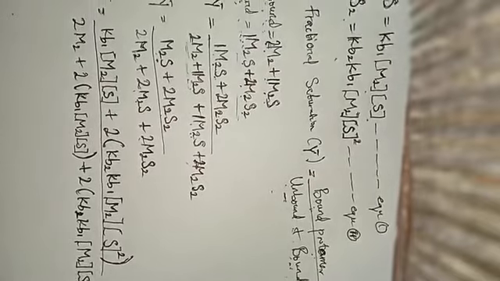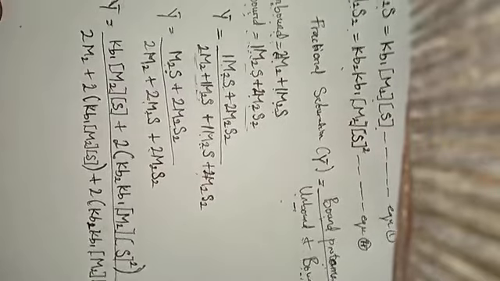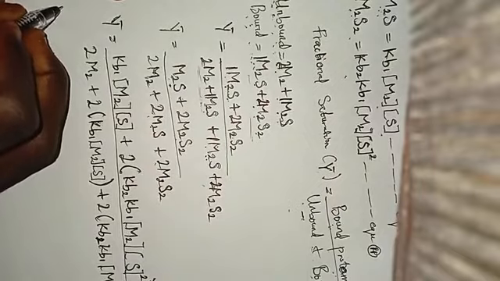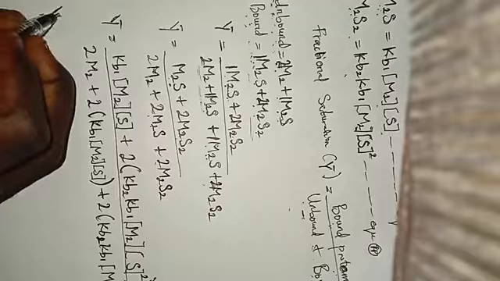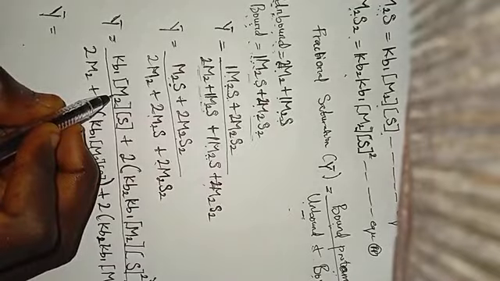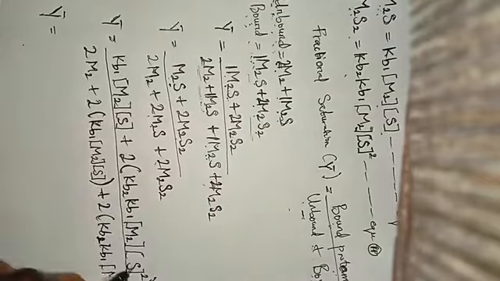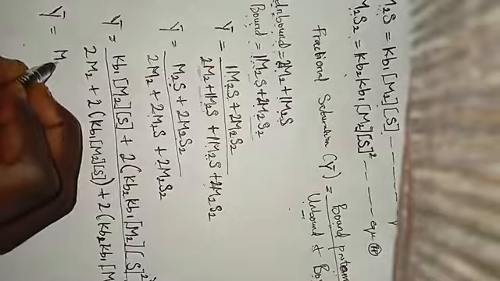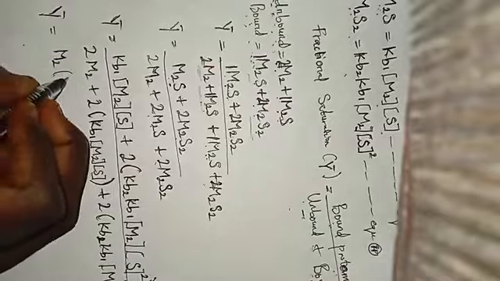The next thing we'll do is to factorize. So fractional saturation y bar is equal to, I can factorize M2 from the top here. If I take M2, open bracket, what will be left?